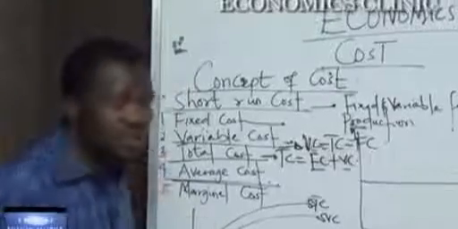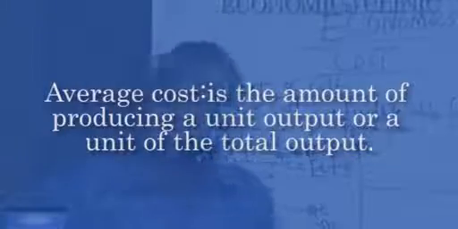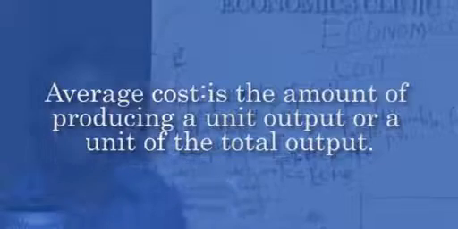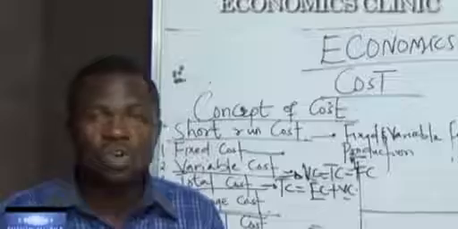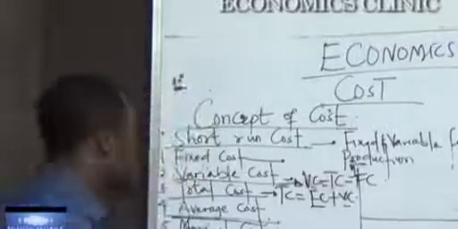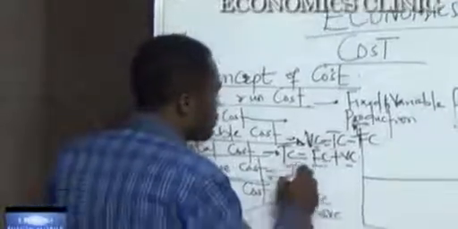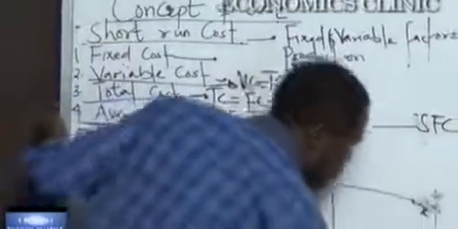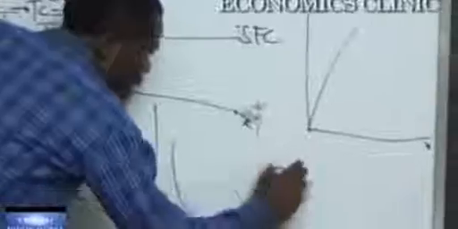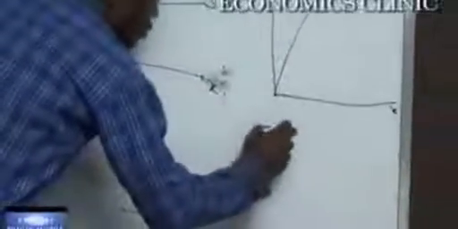Average cost is what it takes in terms of producing a unit of output. Sometimes also referred to as a unit of the total output produced. And this is calculated when we have total cost divided by quantity. This is graphically represented when you have something like this. So you have short run average cost.